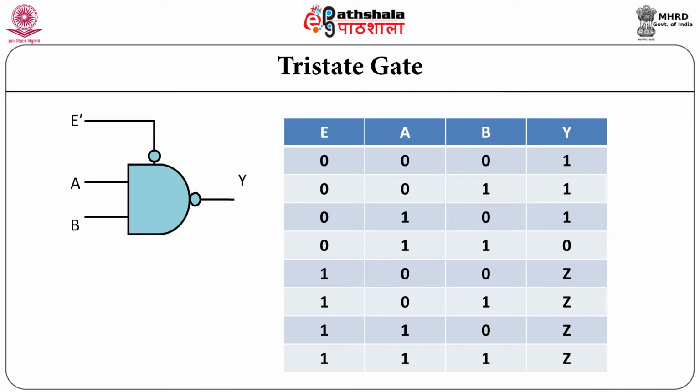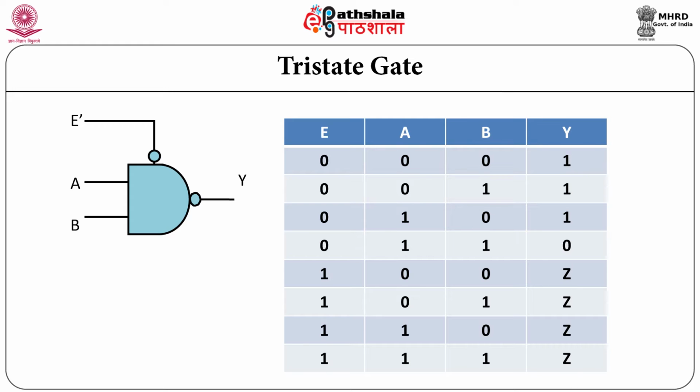In this gate, when enable input is high, NAND function provides 0 or 1 depending on the input conditions. If enable is low, the NAND gate output will provide high impedance state independent of the input combinations. Let us now consider NAND gate with active low enable input. The high impedance state is controlled by the external enable.